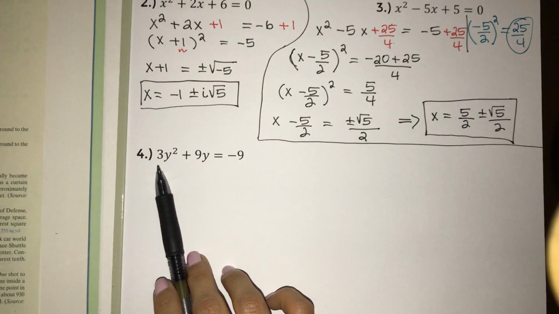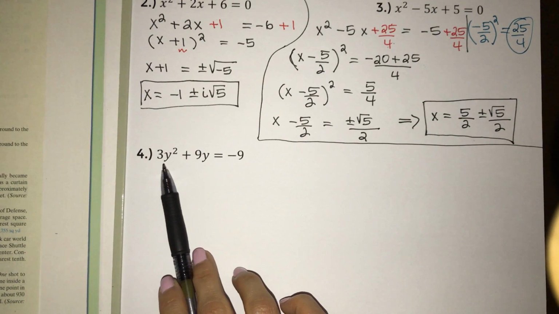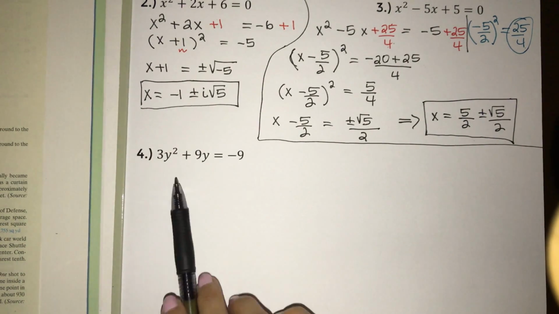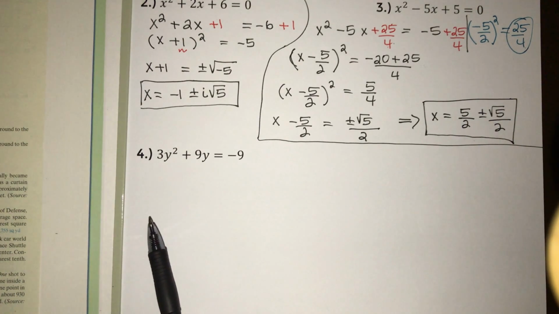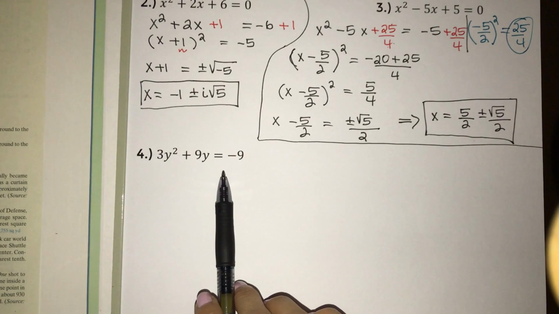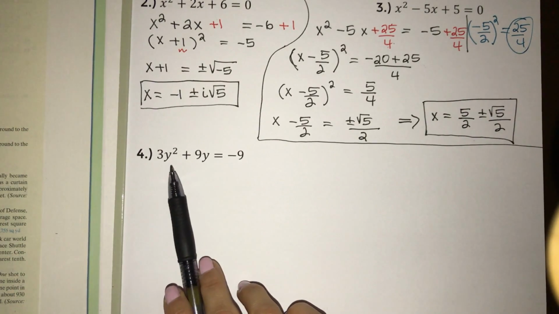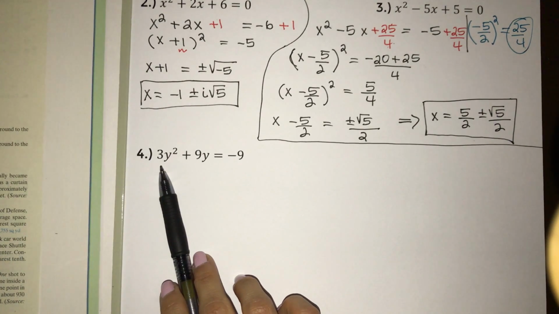So in order to make it 1, all we do is just divide by whatever this number is. So this number is 3. We have to divide every part by 3 to preserve the equality. So we divide everything by 3. It doesn't matter if you get fractions or you don't get fractions. You have to divide by 3 because that's the only way to make this coefficient 1.